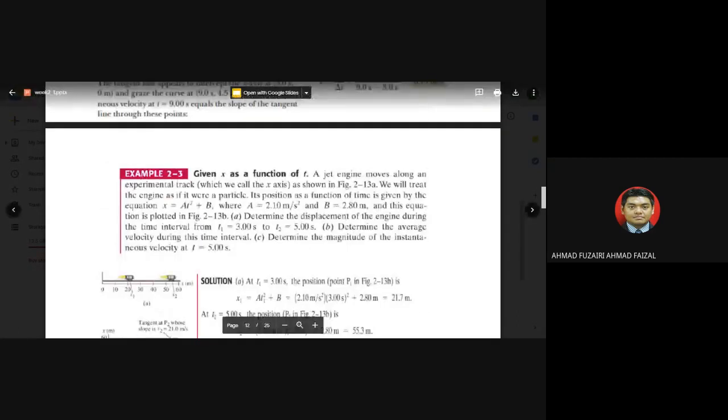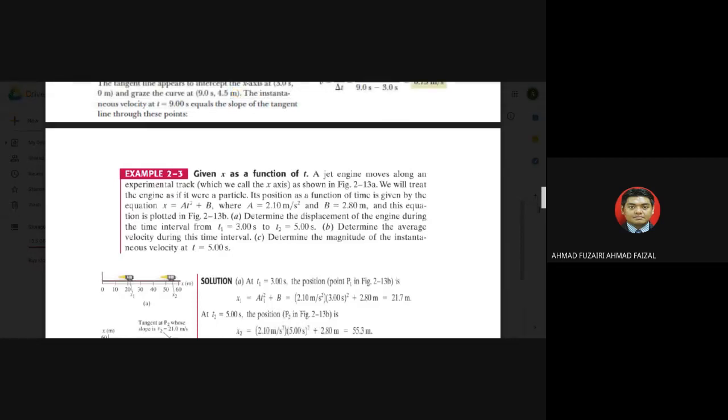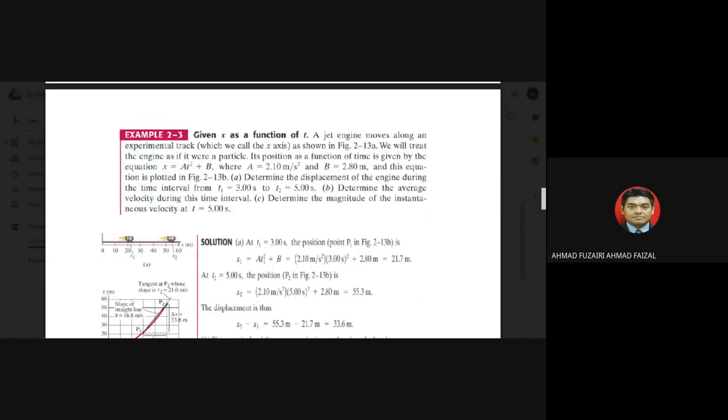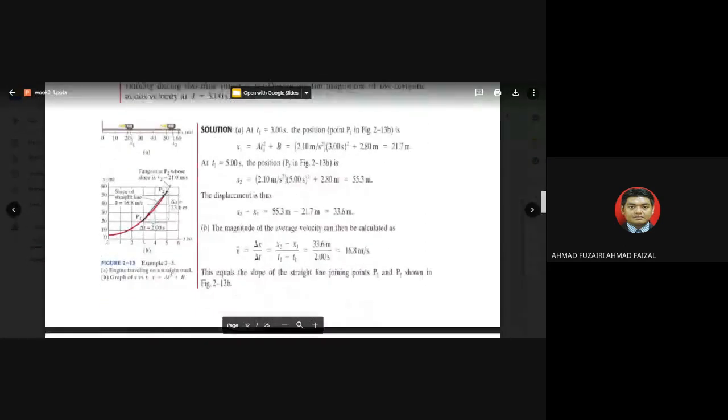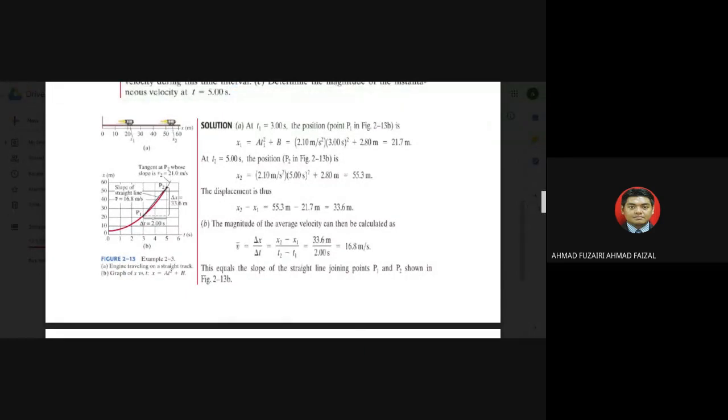And how about B? Determine the average velocity during this time interval. Average velocity, again, the total displacement over total time. So what is the total displacement? Berapa? So tadi kita dah mention about displacement yang kita dah calculate tadi. So we can easily use 33.6 divided with 2 seconds.